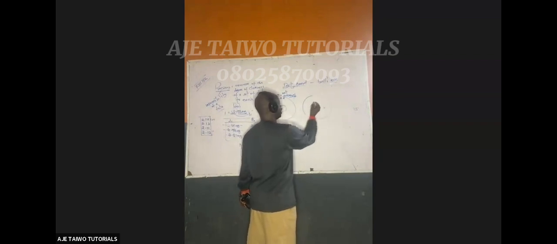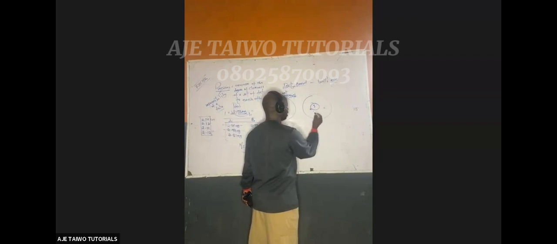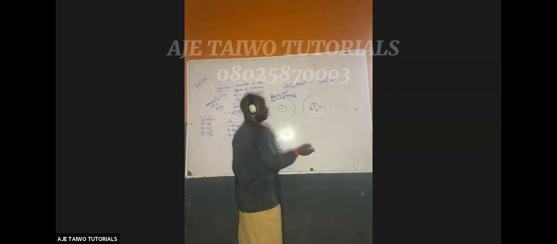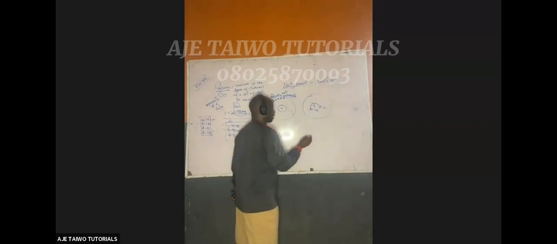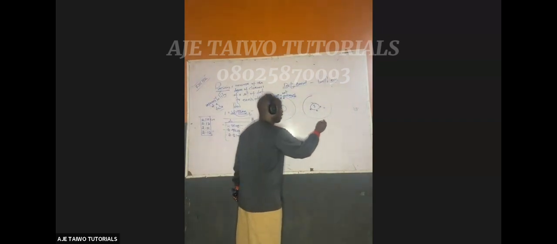You throw the first one, you land here. The second one lands here. The third one lands here. The fourth one lands here. The readings are close to this. Your bull's eye is 5.